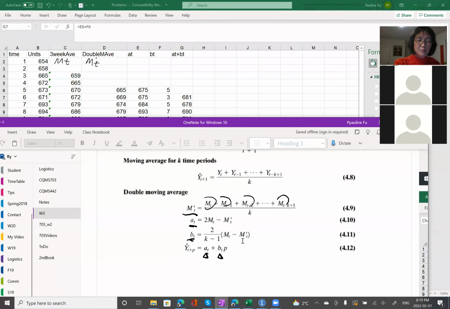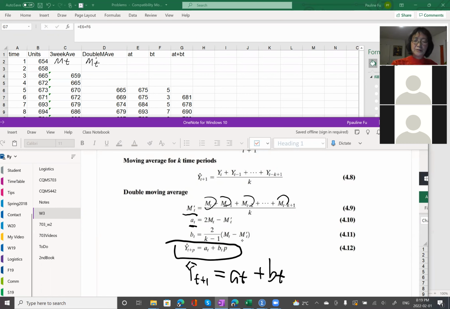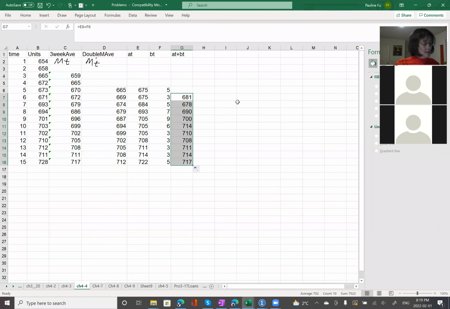P equal to 1 means one period ahead. So Y hat T plus 1 equal to AT plus BT when P equal to 1 period ahead. And then finally, you calculate the forecast error, the forecast error is just the actual number yt minus yt hat. And then you copy down.